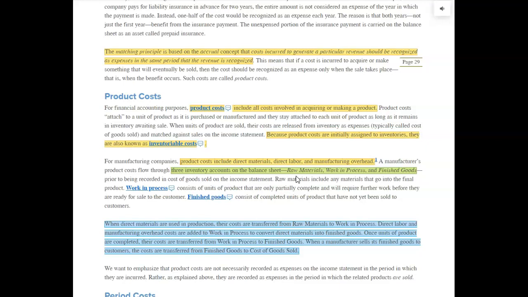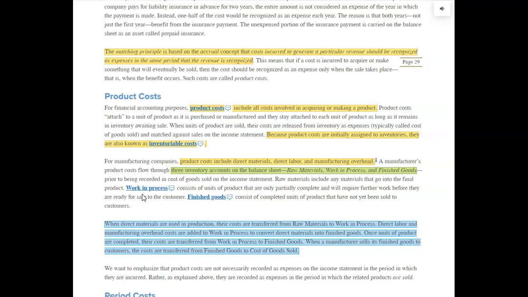Now once you start using the raw materials in production, that cost will be transferred into the work in process account. And the work in process inventory account will accumulate, while the item is being produced, raw material cost, direct labor cost, and manufacturing overhead cost.